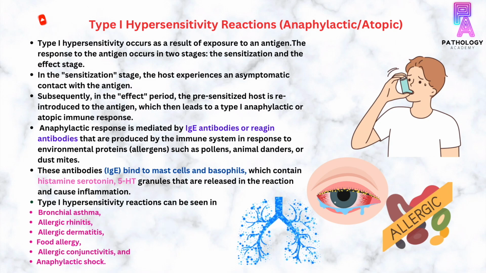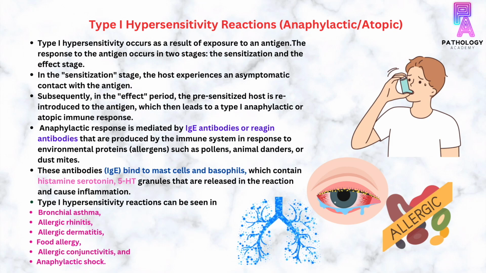However, in the effect period, the pre-sensitized host is reintroduced to the antigen, which then leads to a type 1 hypersensitivity reaction, which could be an anaphylactic or atopic immune response. These responses are mediated by IgE antibodies, which are also known as reagin antibodies.